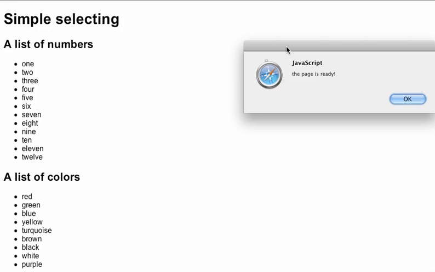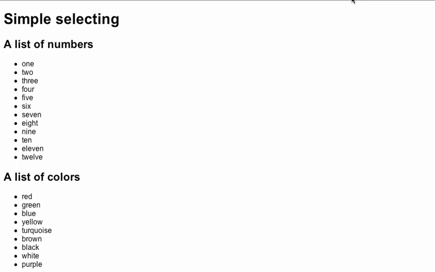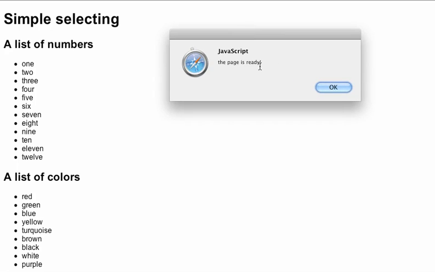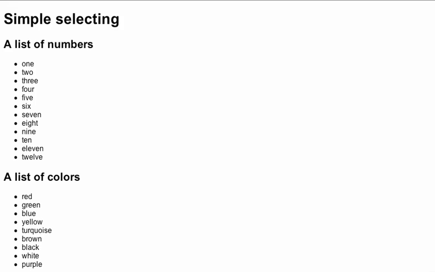As soon as I get into my HTML page and refresh the page, I get a JavaScript window that pops up and says the page is ready. It's displaying our message just as we wrote it, and every time I reload the page it's going to show this little alert. So our jQuery is actually working.